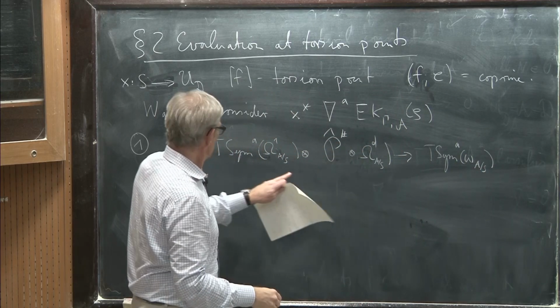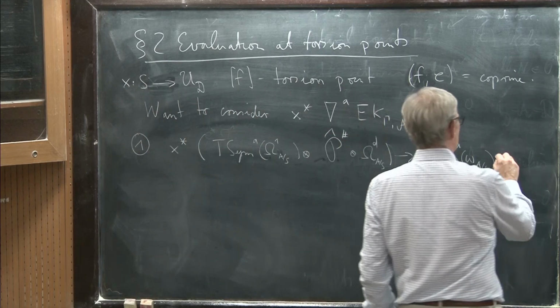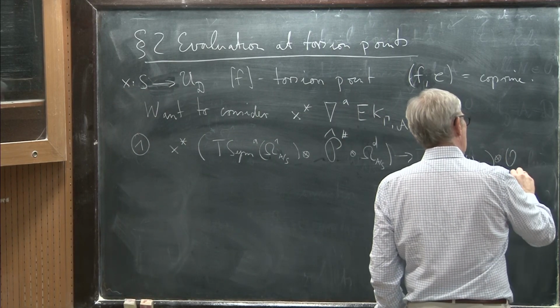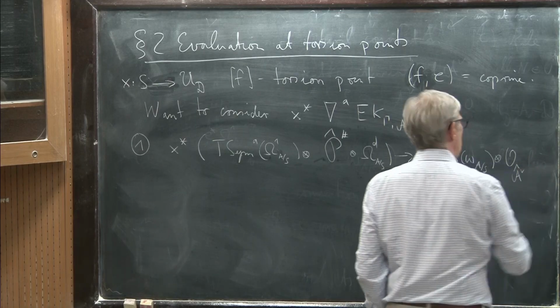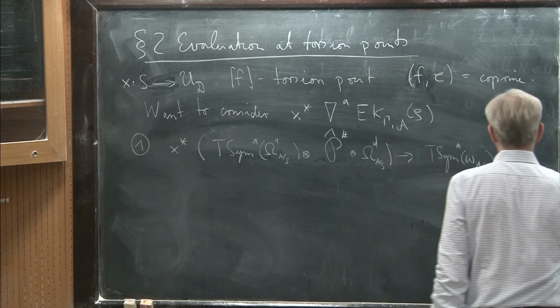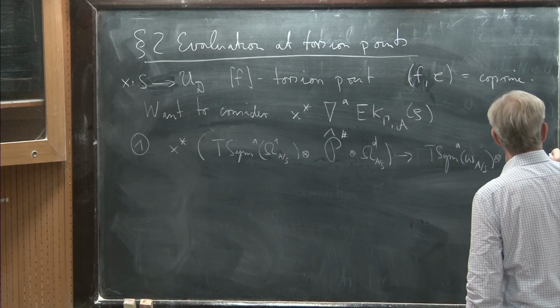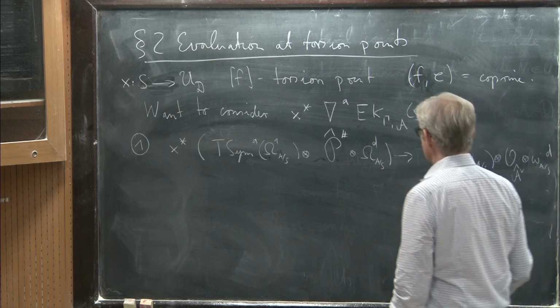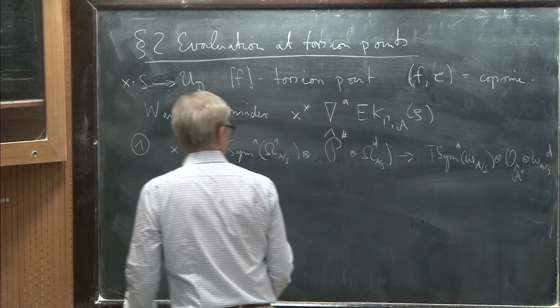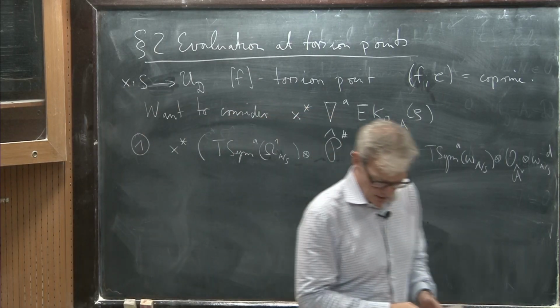And here we have a map to this formal completion of the dual abelian variety, to the structure ring here. And here we have omega A over S to the power d. So that is the first map we want to consider.